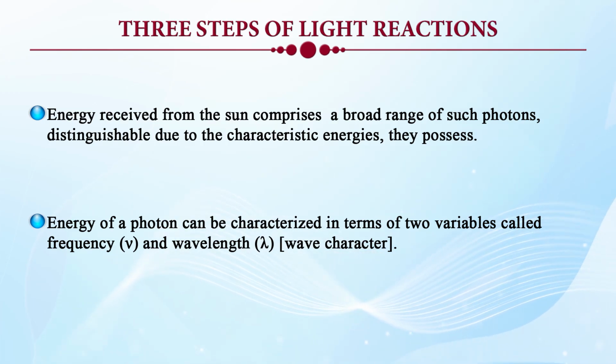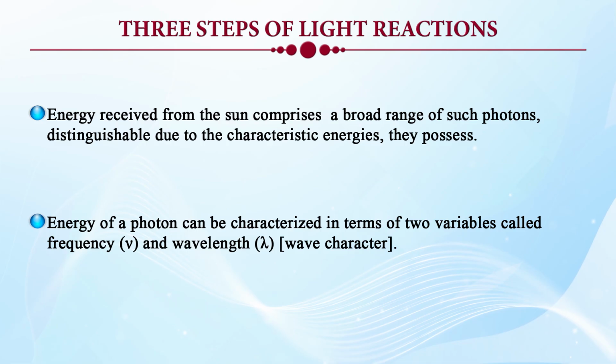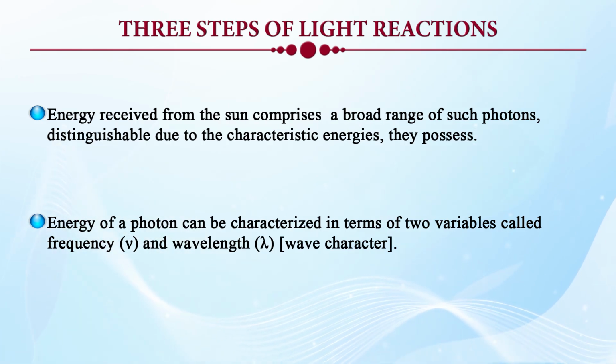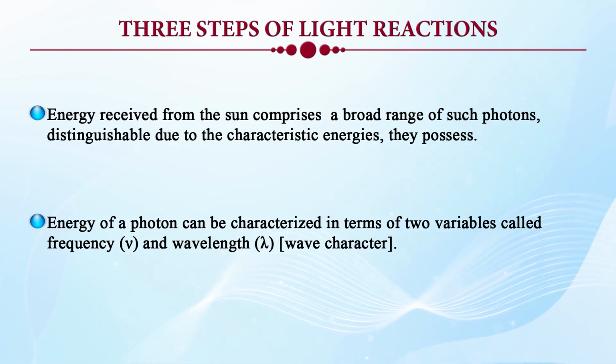How do we distinguish them? We will distinguish them on the basis of their frequency, which is denoted by V, and of course, by lambda, which is the wavelength or the wave character.